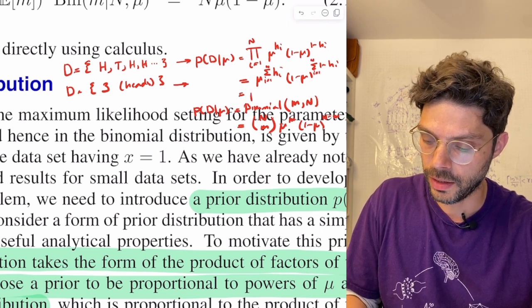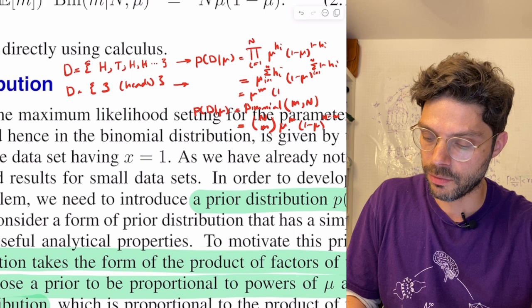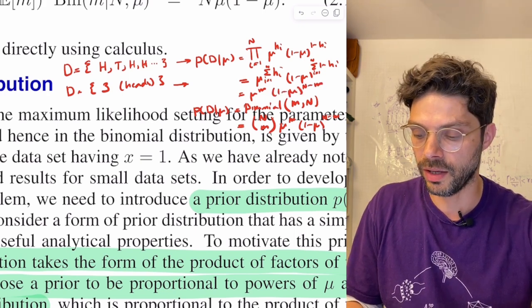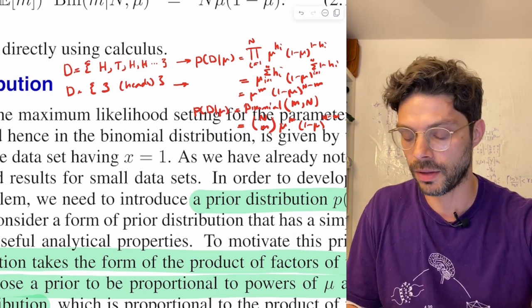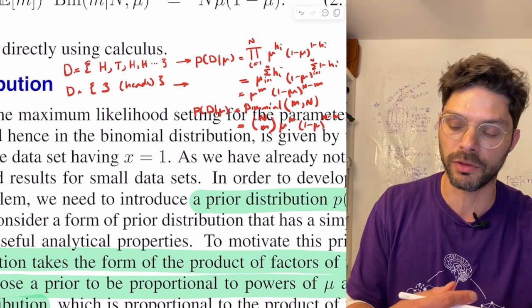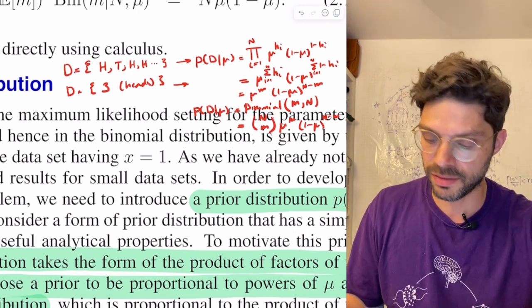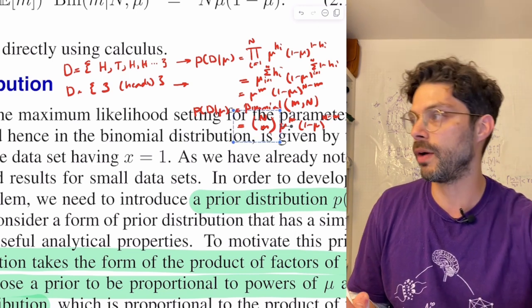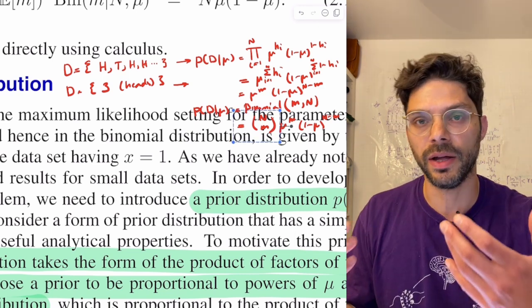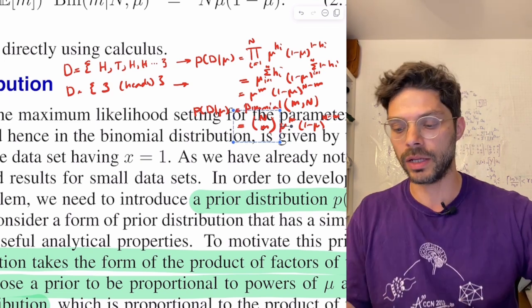So this is going to be mu to the m times 1 minus mu to the n minus m. Hopefully you can see that. So the point is that the probability distribution and the dependence on mu is exactly the same in both cases. It's just that if you use a binomial distribution, you'll have this additional factor out front, the n choose m, because you're not keeping track of where exactly you got the heads.